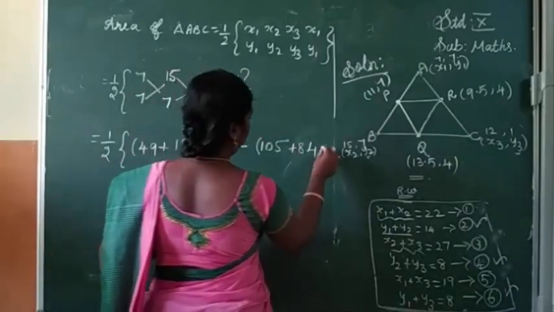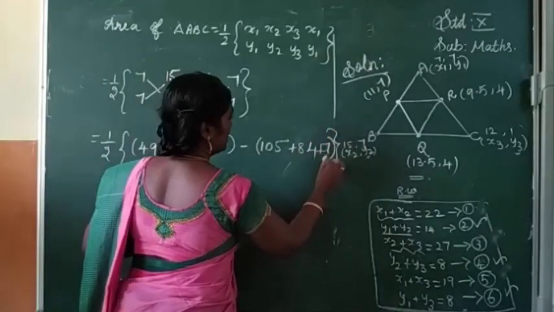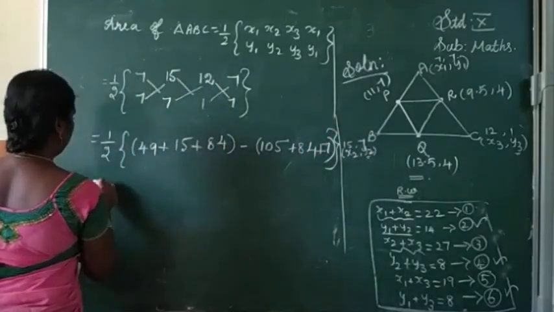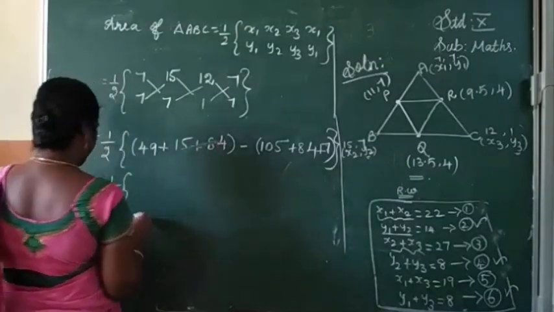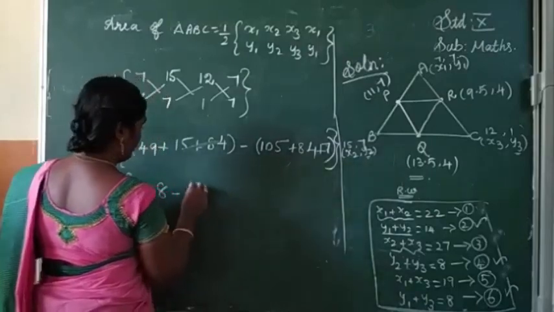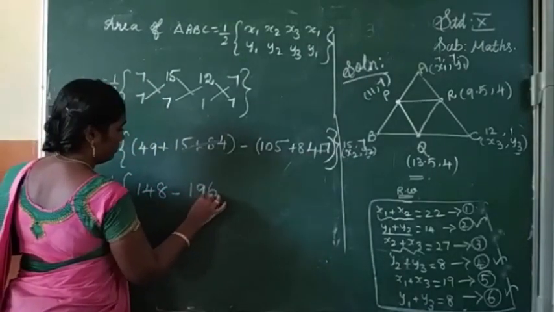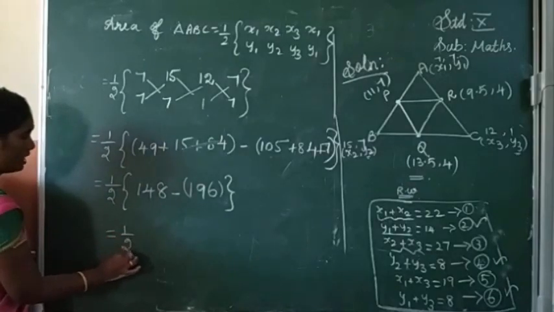Then 1 7 is 7. Then close it. That is equal to half into. If we add these numbers you will get the answer 148, minus. If we add these numbers, you will get 196, is equal to half into.